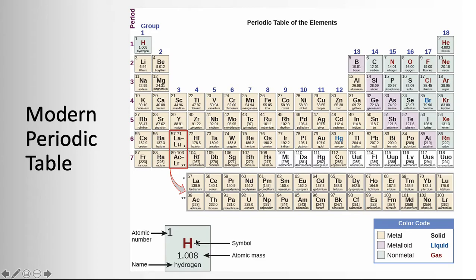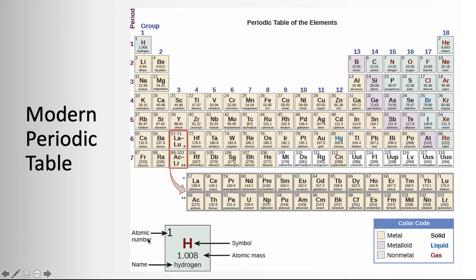They will have the symbol of the element. They will have the atomic number above that element. Some have it right above, some to the left, but we'll have the atomic number. And then at the bottom of the symbol, we'll have the atomic mass.